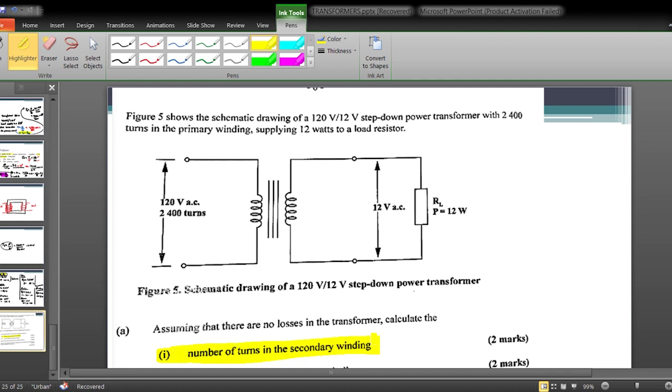But before we do that, let us see what information we have in the question. We know what the voltage in the primary and secondary is. We know the number of turns in the primary, and we know the power supplied to the circuit.